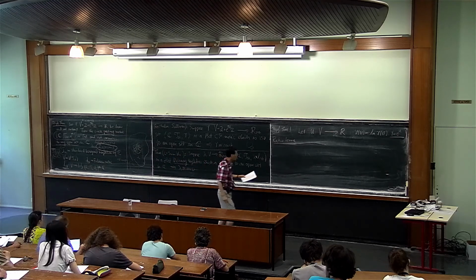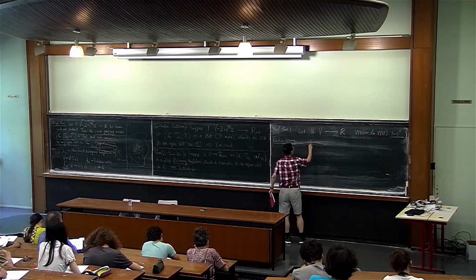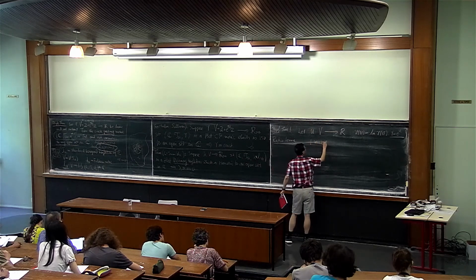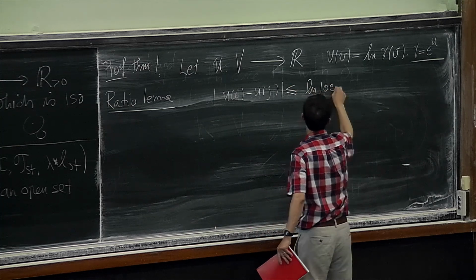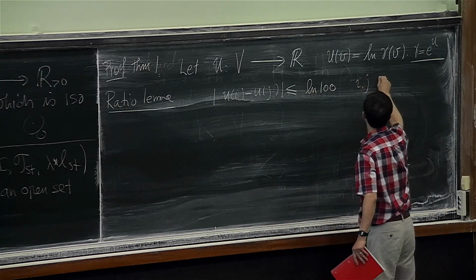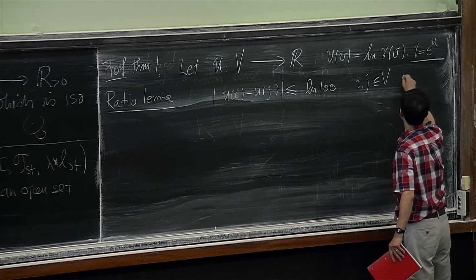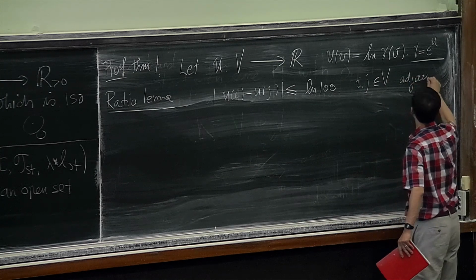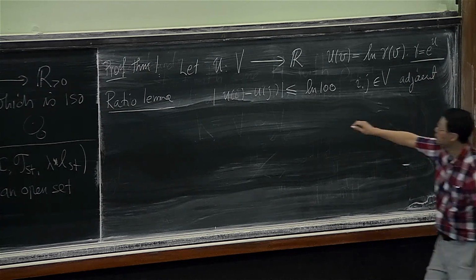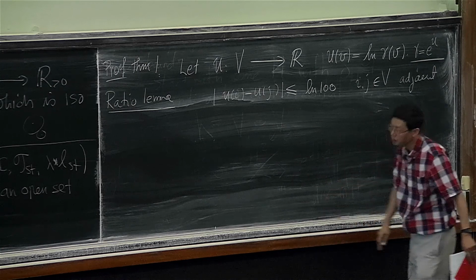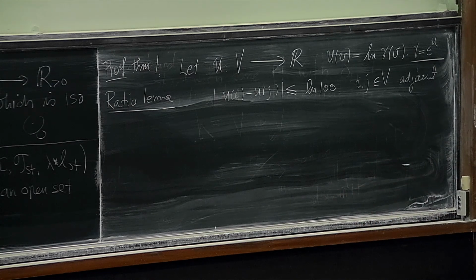So if you take log, you will get u of i minus u of j is at most log of 100 for i, j in V and adjacent. So if you have two adjacent vertices, then the difference between the two values is at most log 100.